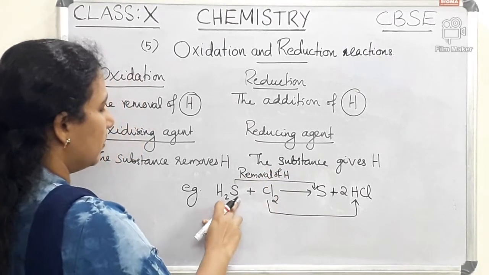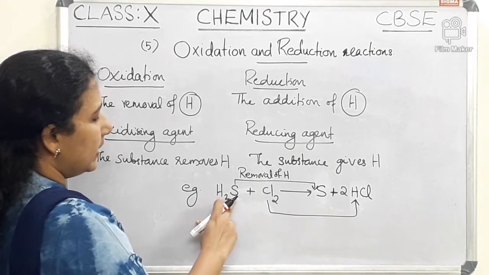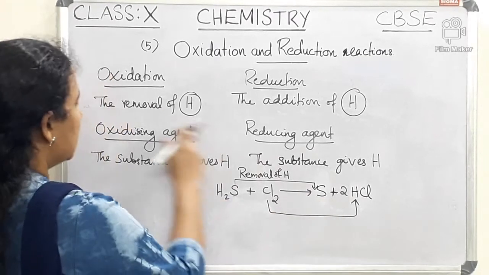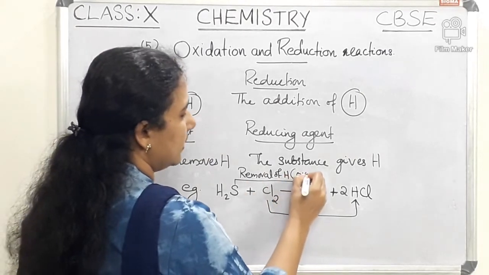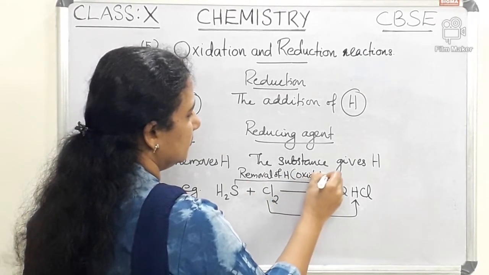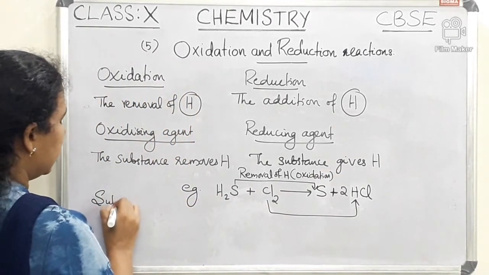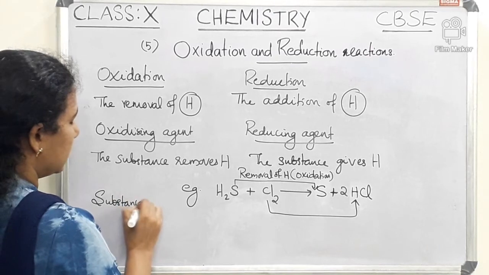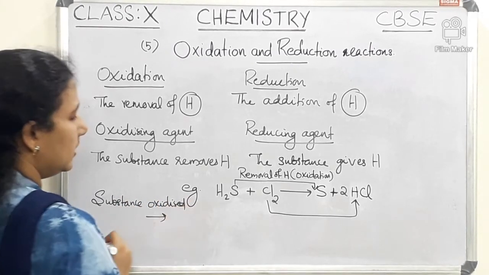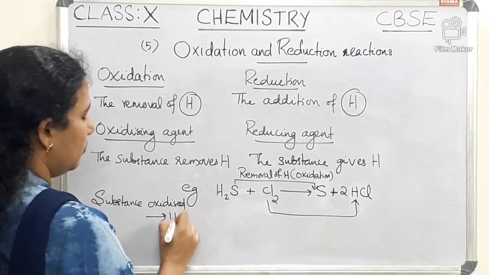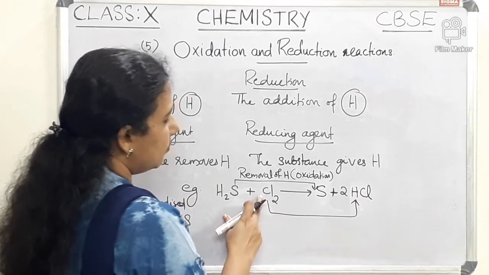Removal of hydrogen takes place in the case of H2S, and H2S changes to S. So removal of hydrogen is called oxidation. So the substance oxidized in this reaction is H2S.